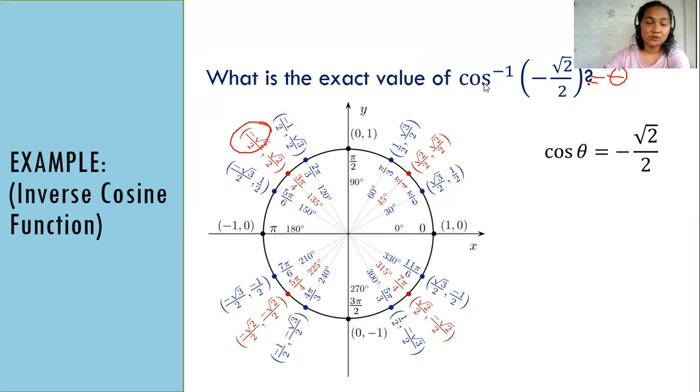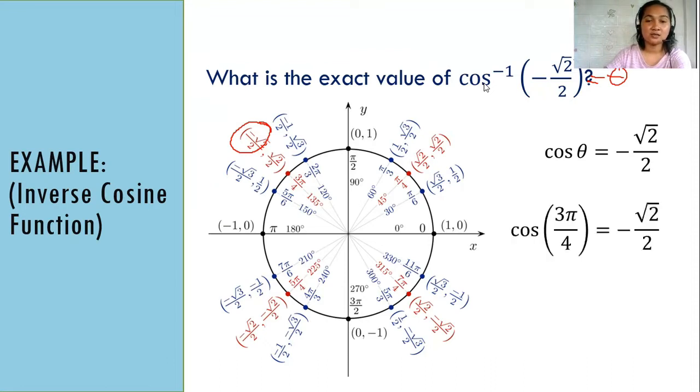At this point, we're going to have only the lowest possible value, which is 3 pi over 4. We're not going to deal with other possible angles because we are only going to follow the domain and range of the restricted inverse cosine function and restricted cosine function.